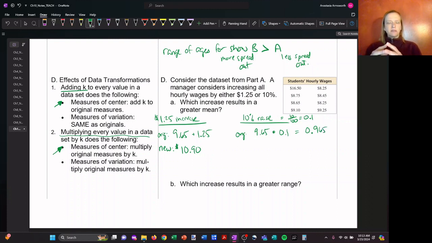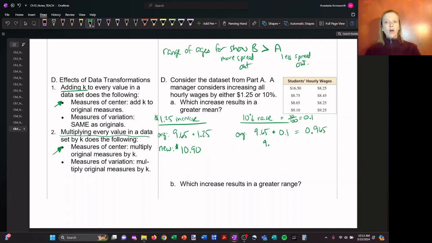Does this answer make sense? 96.5 cents. Is that the raise? Well, 96.5 cents is less than the original pay, $9.65. This is the raise amount. This 96.5 cents needs to be added on to the original $9.65.